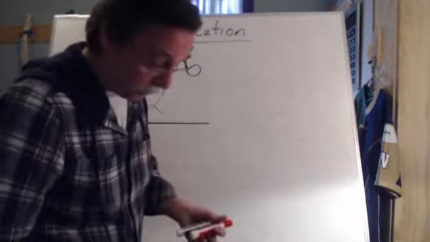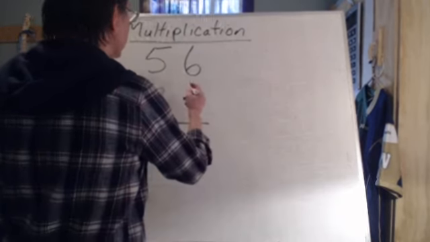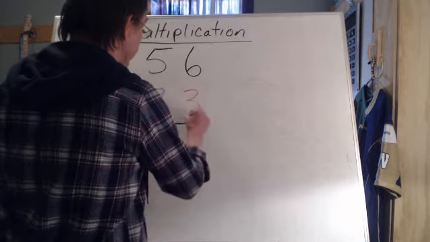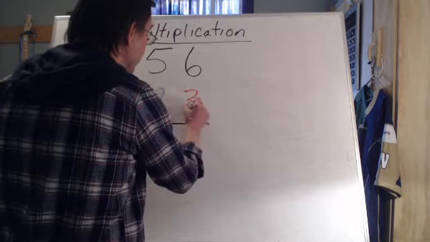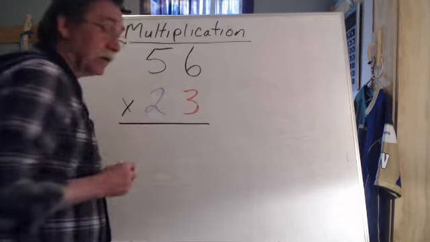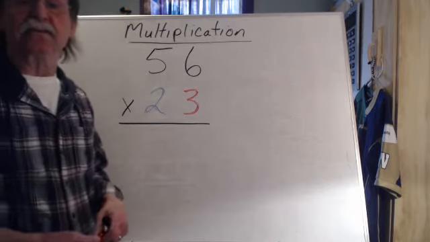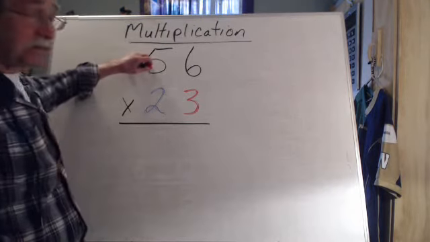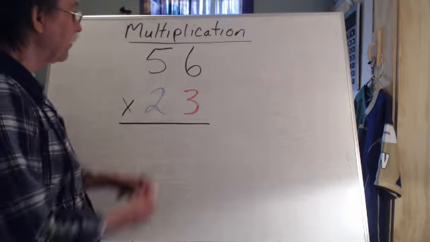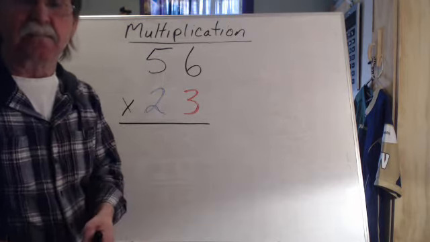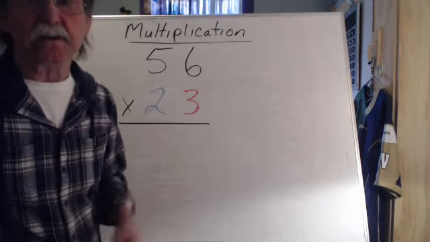And the other one is going to be red. I mean, you don't really want to be changing colors every time you do a question, but we're just learning the questions, right? So this says 56 times 23. I want to have 56 and multiply it 23 times.